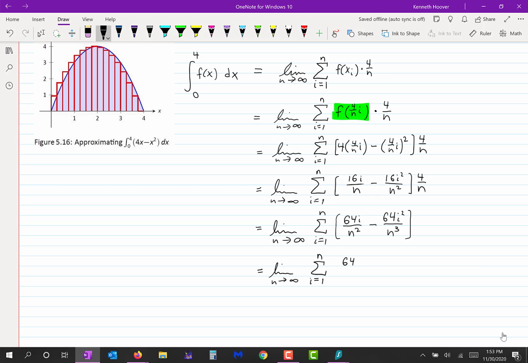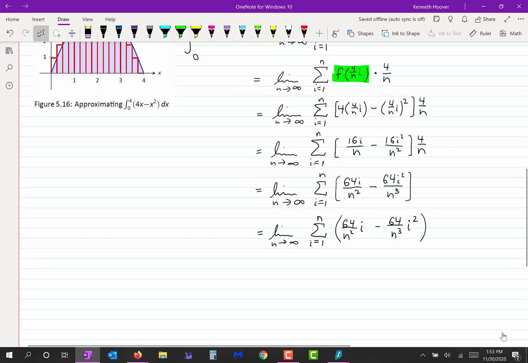Let's start by pulling them out of the fraction and write like this. I think that'll be easier to follow. And I'll make the brackets into parentheses here.